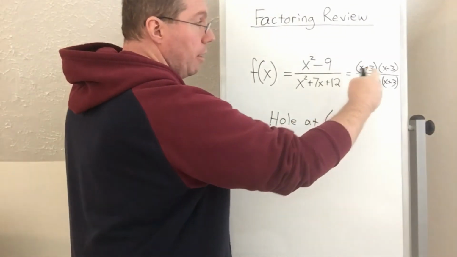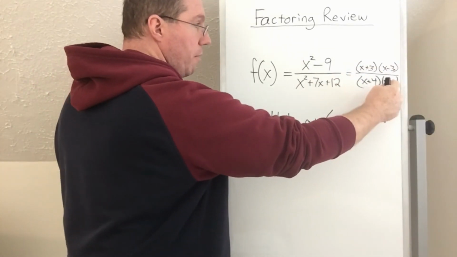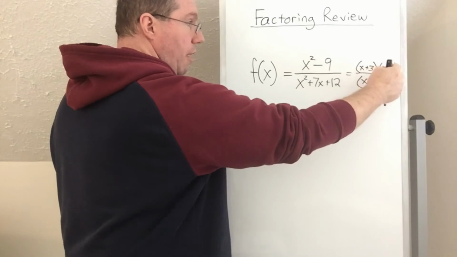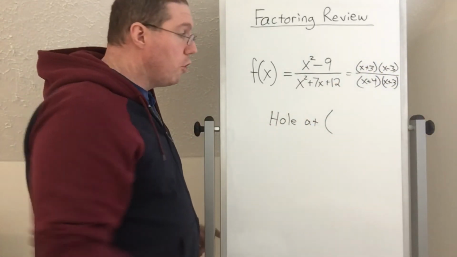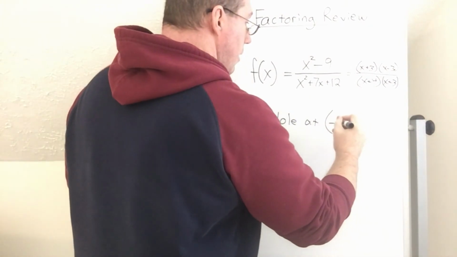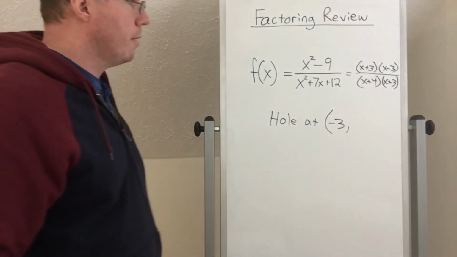If the number we plug in here is negative 3, then negative 3 plus 3 is 0, so we'd have 0 times this is 0, 0 times this is 0, and we have 0 over 0. So we know there is a hole at x coordinate negative 3.